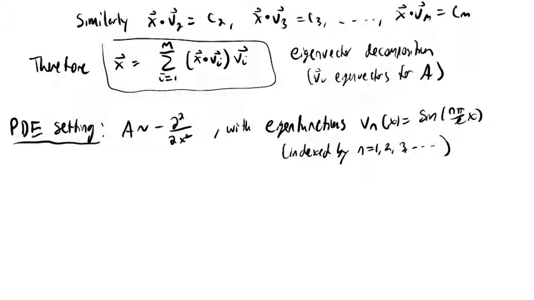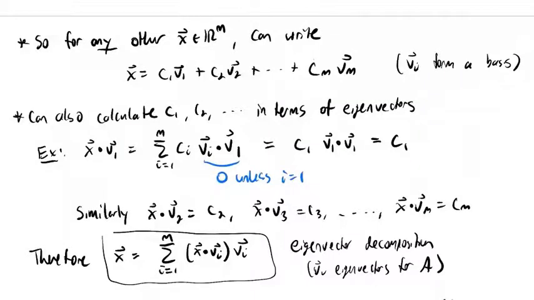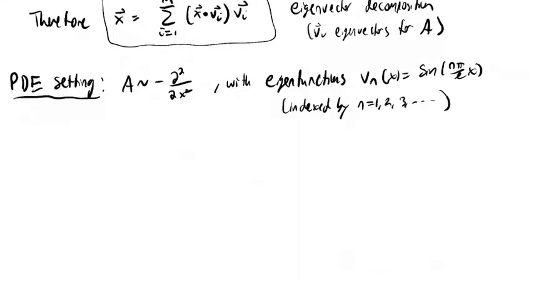So it's kind of like what we have above, where we have a list of eigenvectors for the differential operator, except instead of having some finite number, we have an infinite list from n equals 1 to infinity. It's discrete, meaning we're not looking at a continuum of frequencies or eigenfunctions, but there's still one for every integer from 1 to infinity. From before, we were interested in the following.